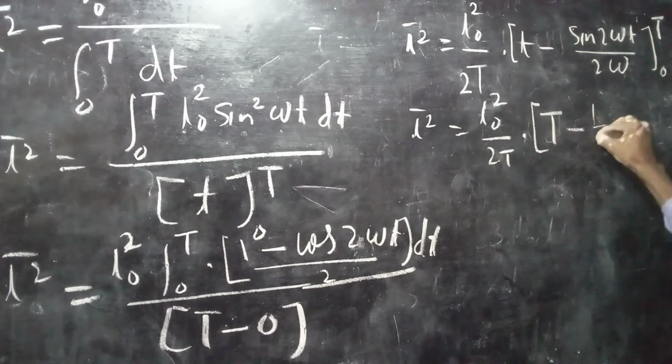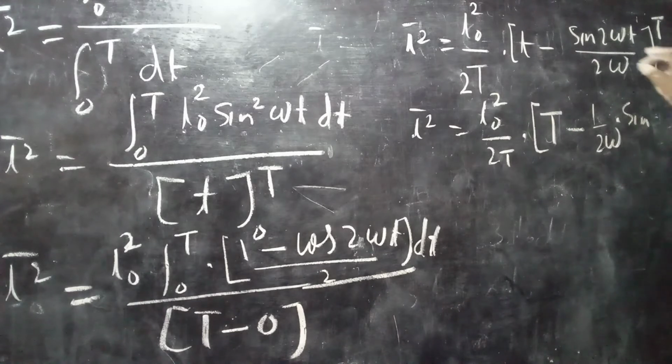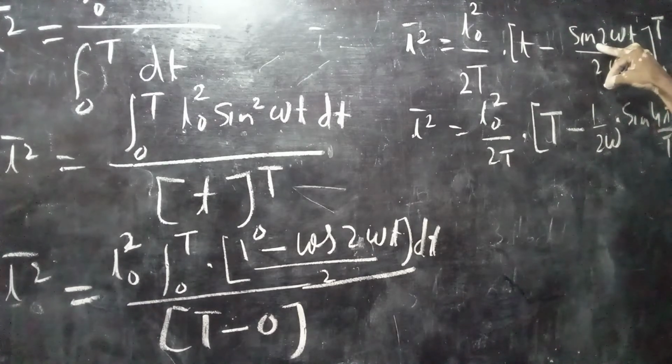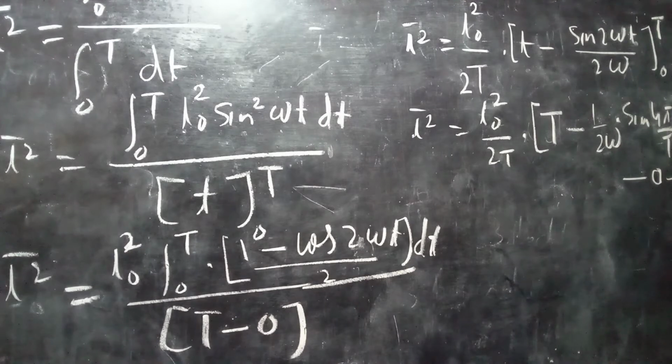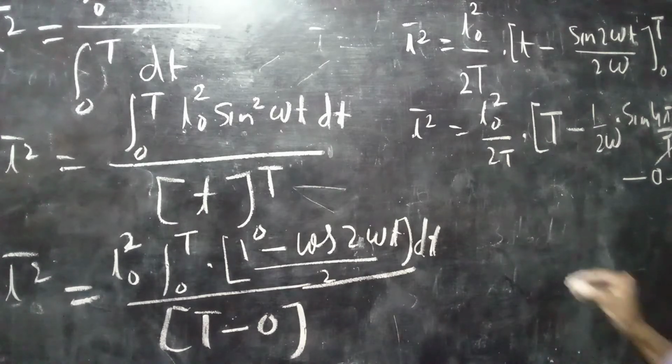minus 1 upon 2 omega into sin 2 omega T, where omega is equal to 2 pi upon T, so 2 into 2 pi gives 4 pi upon T, into T upper limit, minus the lower limit, in place of t write 0, so this becomes sin of 0 upon 0. So T and T cancel, you get sin 4 pi, and the value of sin 4 pi is 0.